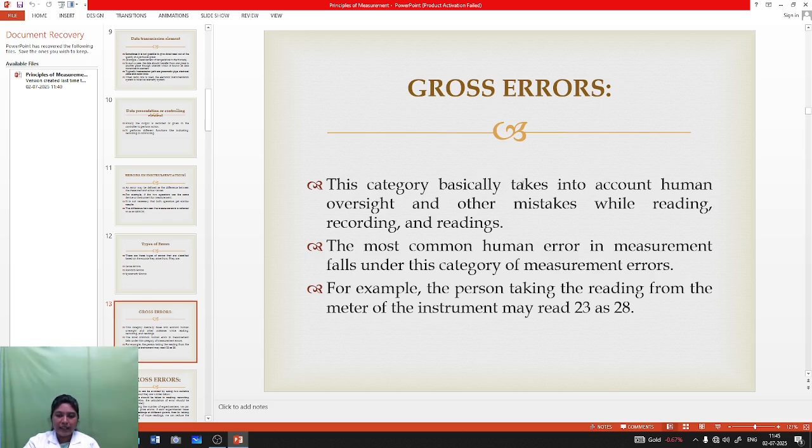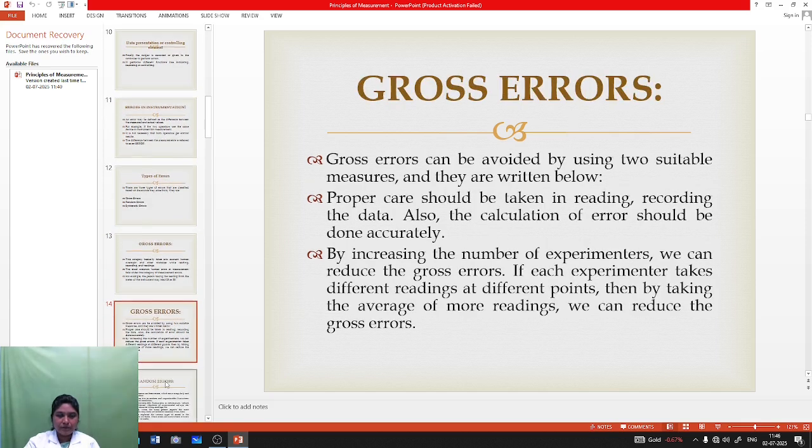This category takes into account human oversight and other mistakes while reading. Most common human errors come under measurement error.